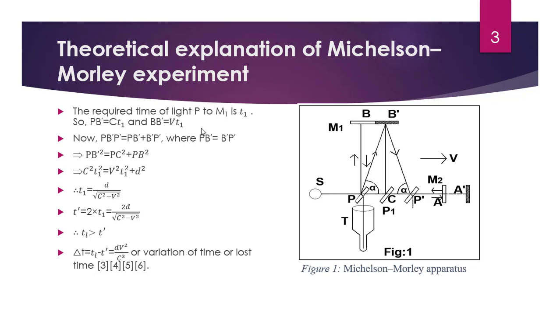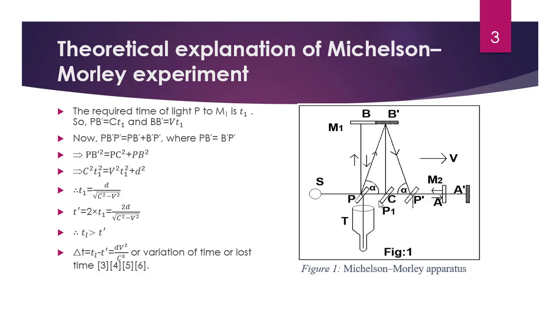And BB dash equals vT1, because the time is the same there, and v is the velocity of the Earth and c the velocity of light. They are represented by these two constants. And now PB dash P dash equals PB dash plus B dash P dash, where PB dash equals B dash P dash.